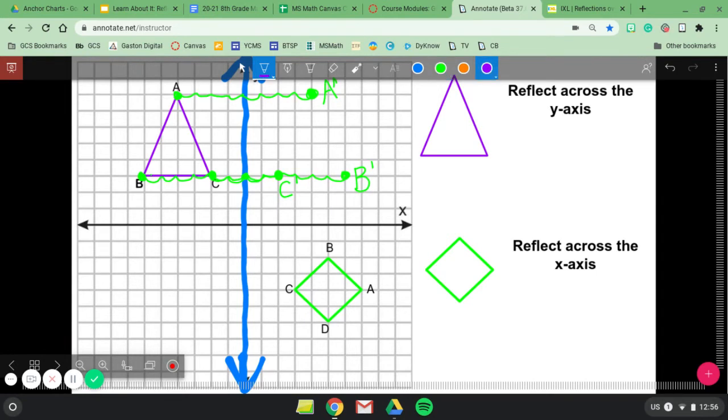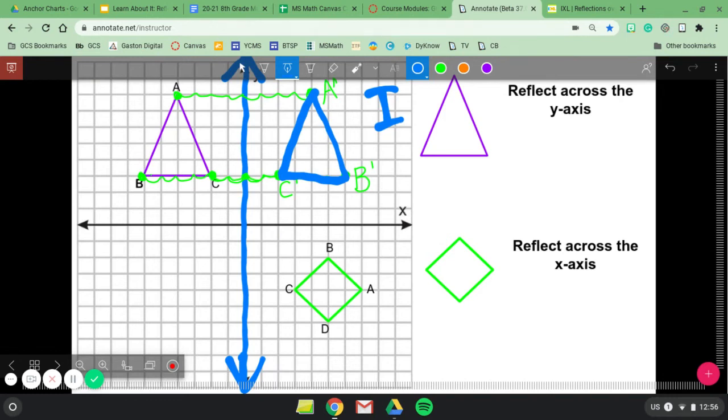When we draw our new triangle, our reflected image, sorry, that's not the best drawing, but when we reflect it across the y-axis, A prime, B prime, C prime will now be in quadrant 1, and it is a reflected image of the purple original triangle.